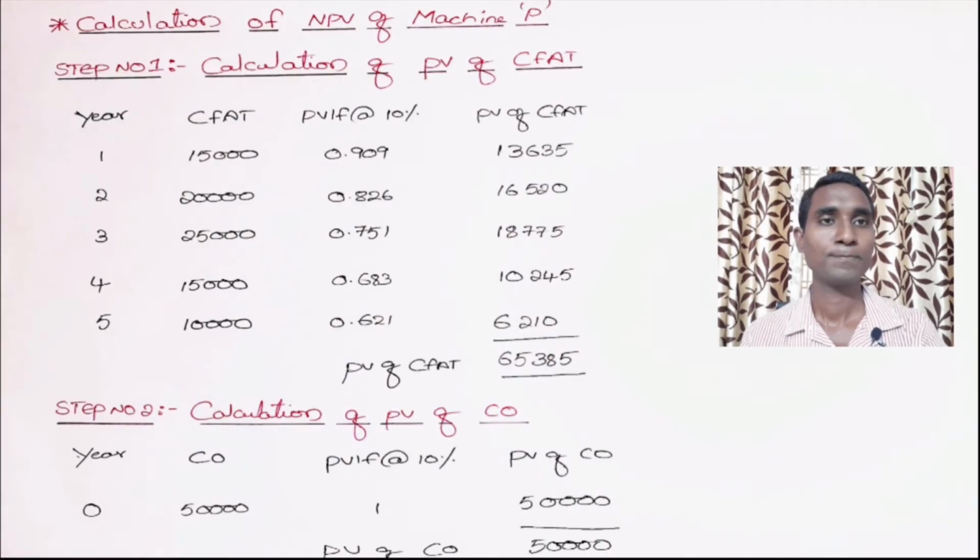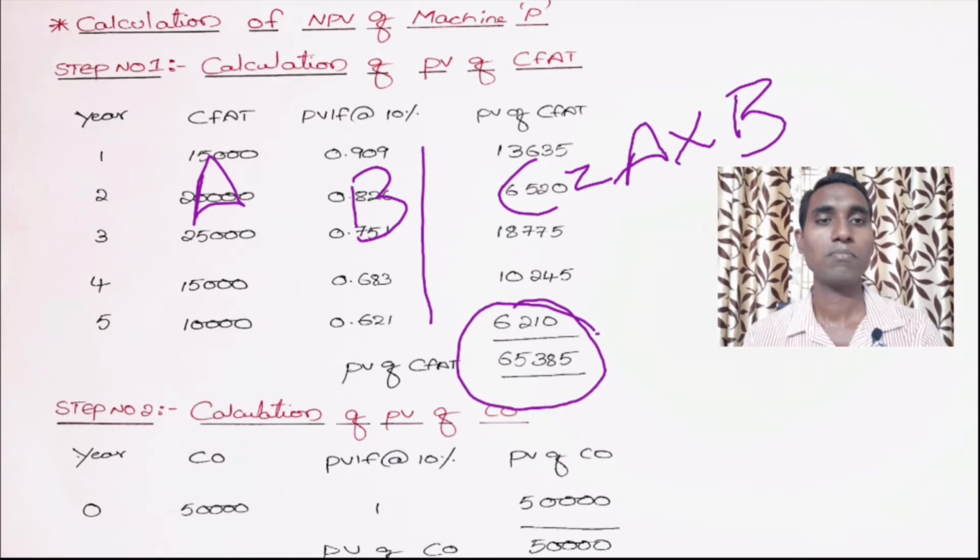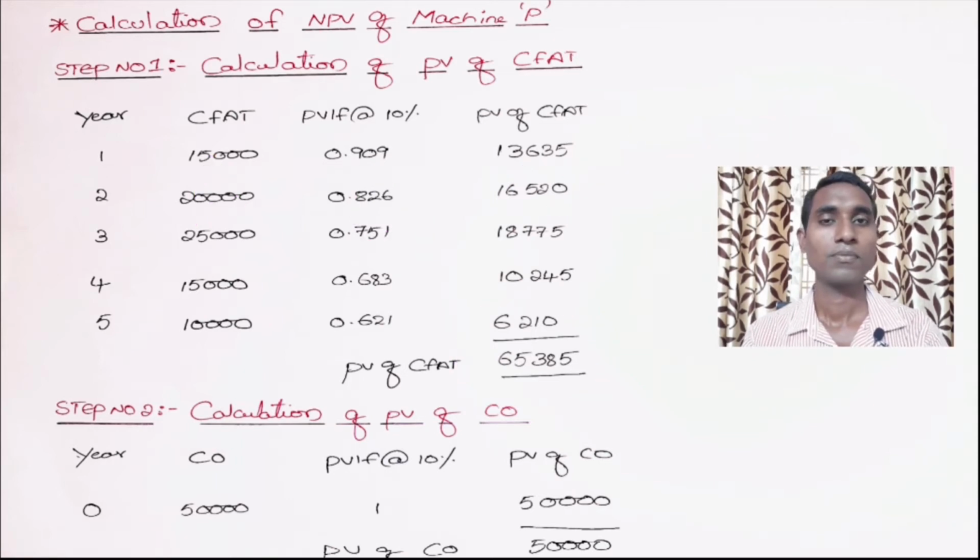So come back. See, I have recorded the same thing. Now I have considered this as A, this as B, and C is equal to A into B. So you need to multiply and get a total. That is called PV of CFAT.